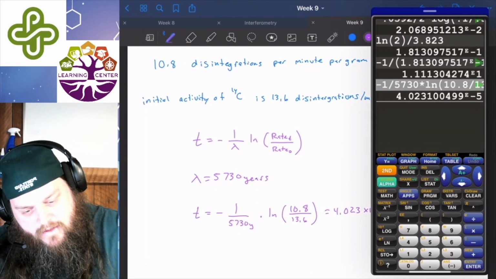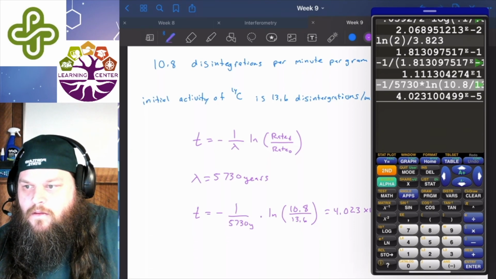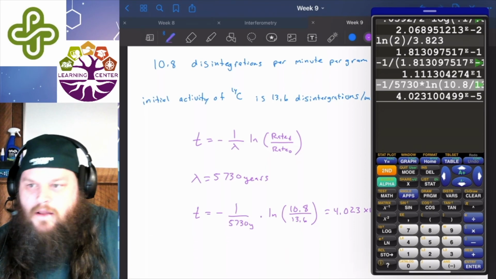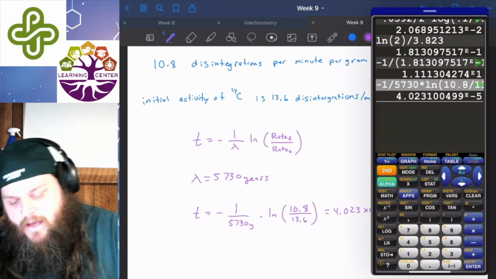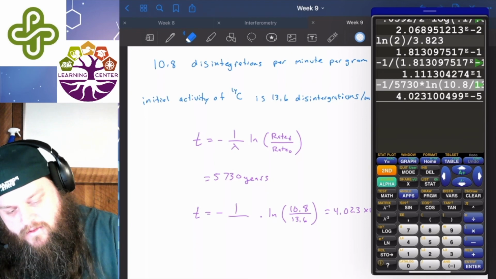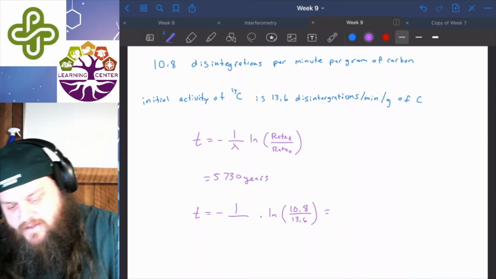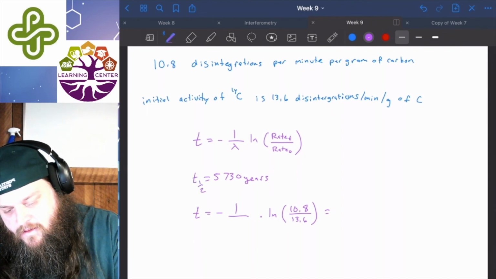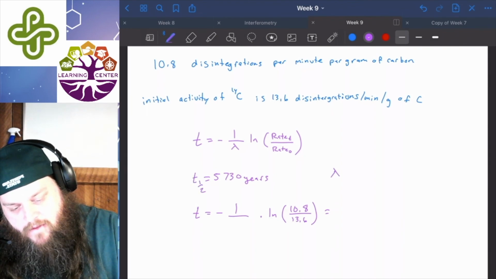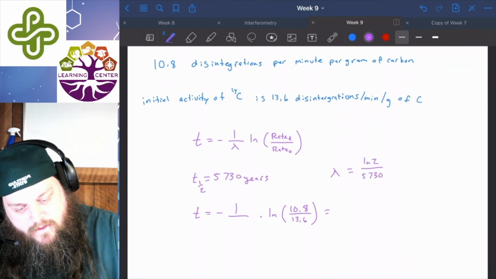I feel like I did something wrong there. Oh, I did something completely wrong. That's the half-life of it, not lambda. Whoopsie. Ignore those things. It's easy to make a mistake here. This is the half-life. So I have to use that half-life to find lambda, which is the natural log of 2 over that half-life, 5730 years.